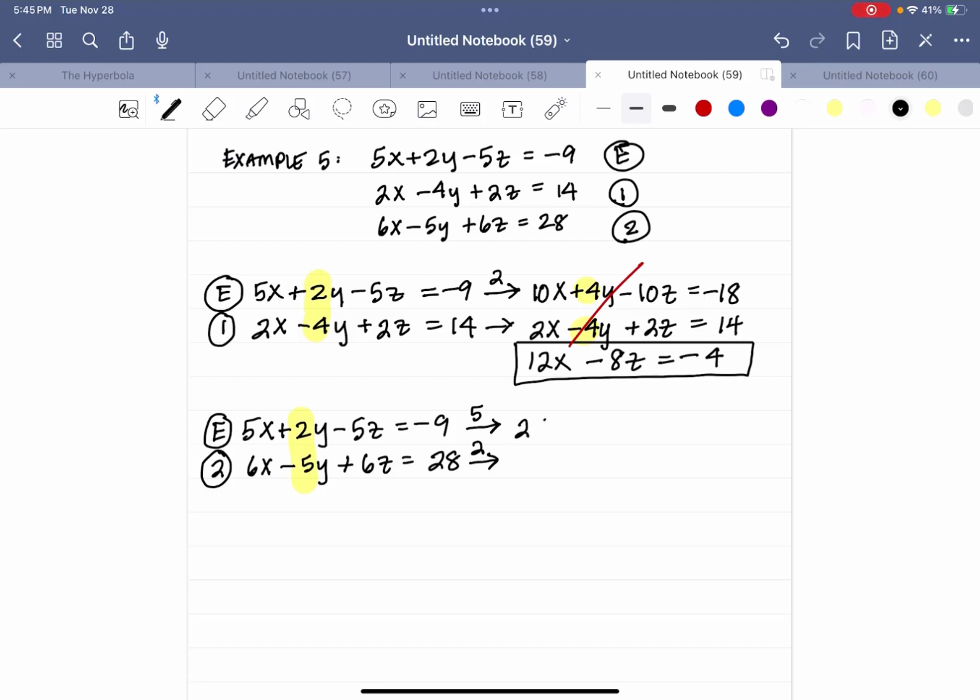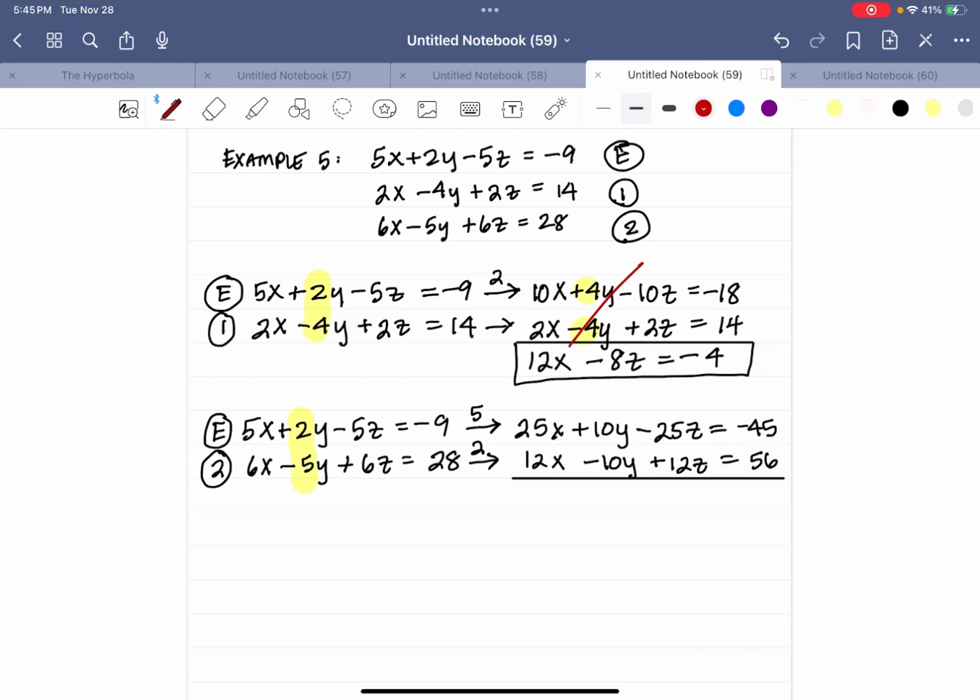I'll get 25x plus 10y minus 25z is -45. And let's see, by 2 will be a 12x, a minus 10y, a plus 12z, and a 56. Now be careful, you have to make sure you multiply all of them and you have to watch your signs.